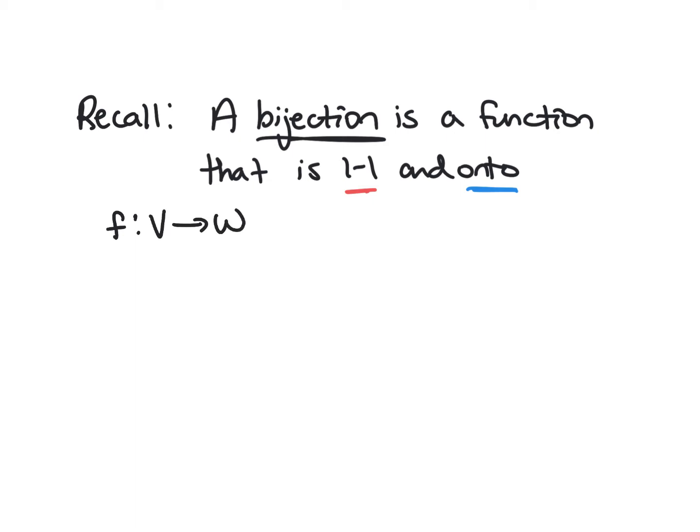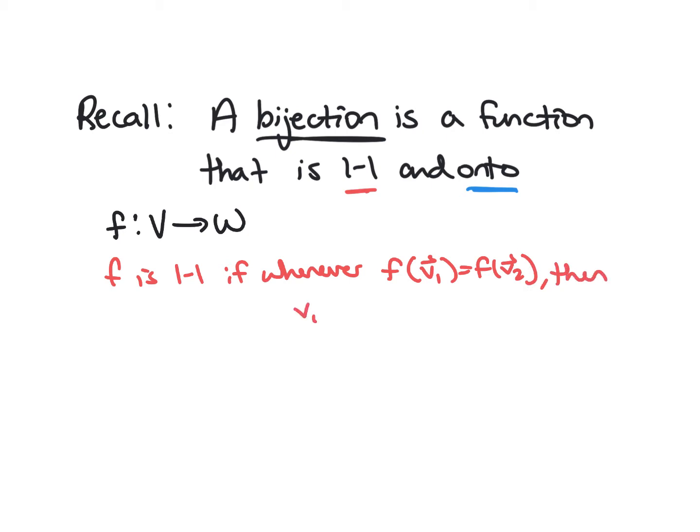So let's say we have a function f from V to W, where these are both vector spaces, potentially the same. Then recall that f is one-to-one if whenever you have two inputs with the same output, so whenever f(v1) equals f(v2), these are both in V, then v1 is equal to v2.